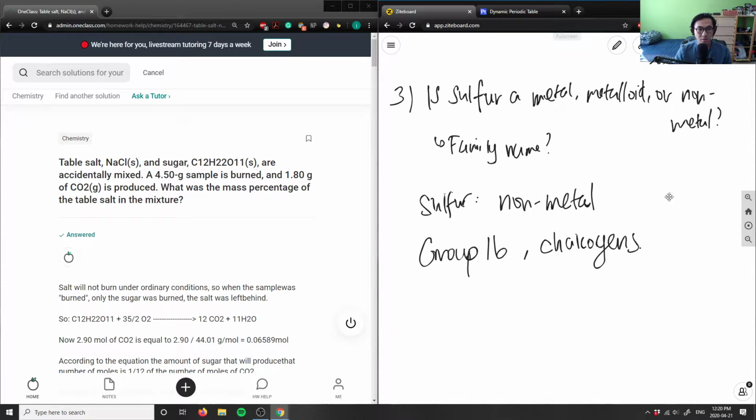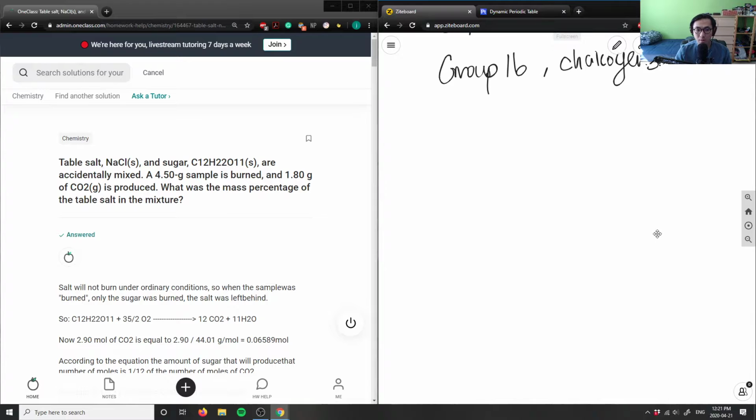Okay, sweet. So let's look at question 4. It says table salt, NaCl, and sugar, C12H22O11, are accidentally mixed. A 4.50 gram sample is burned and 1.0 grams of CO2 is produced. What was the mass percentage of table salt in the mixture?